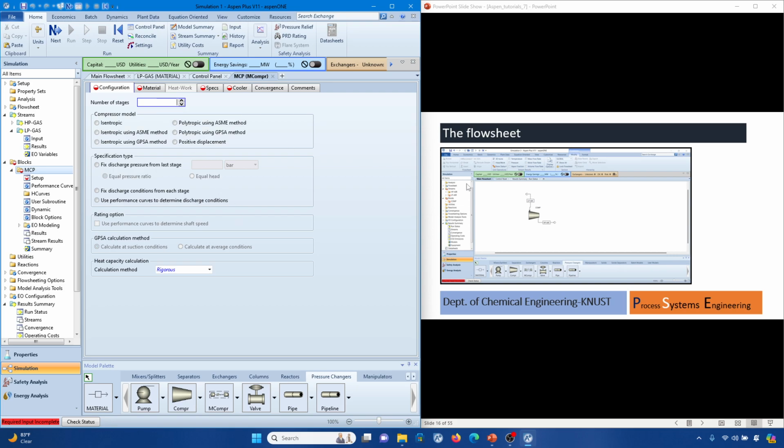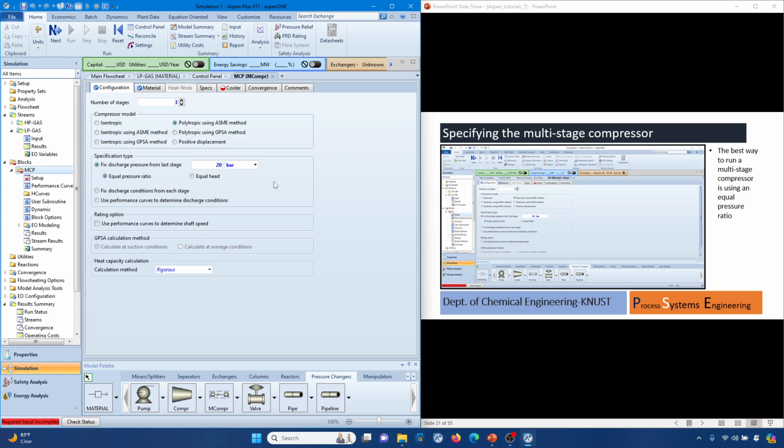As the problem indicated, we are using a three-stage compressor, same calculation method. Then we specify the discharge pressure, 20 bar. We choose the equal pressure ratio, because the optimal operating condition for the minimum work in a compressor occurs at an equal pressure ratio.